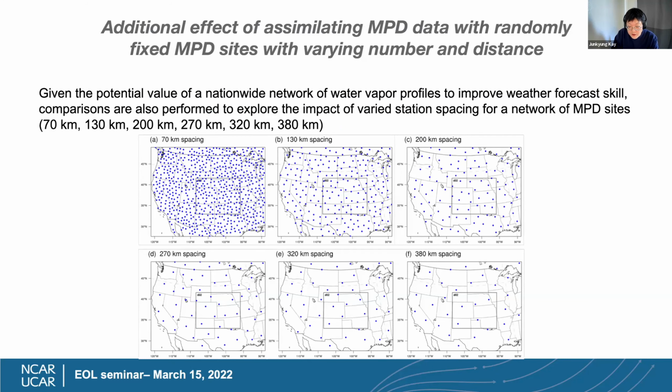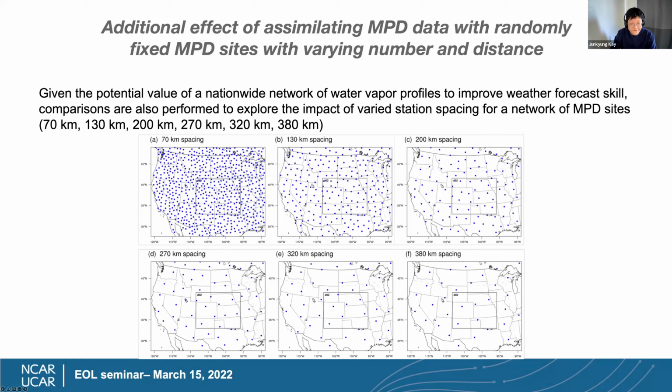Okay, in the previous section, we co-located the MPD instrument with the operational instruments on the site and verified the positive MPD impact. In this section, to further investigate the observational capability of a nationwide network of MPD instruments, we explore other potential configurations of the MPD network.